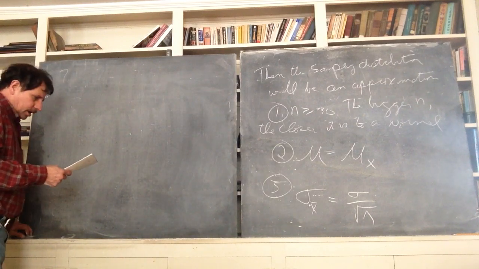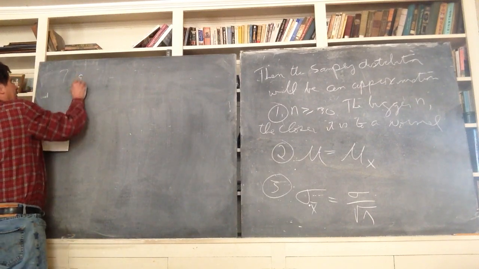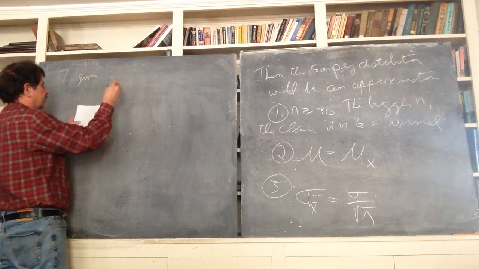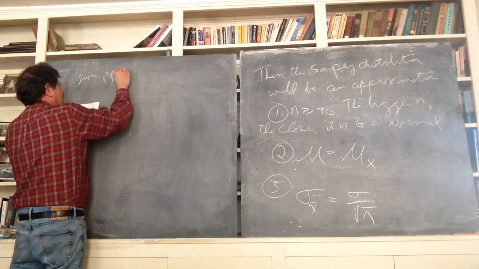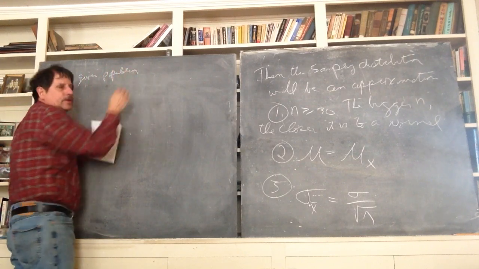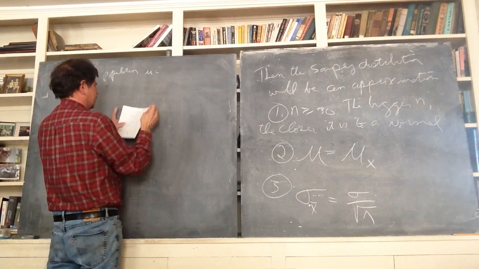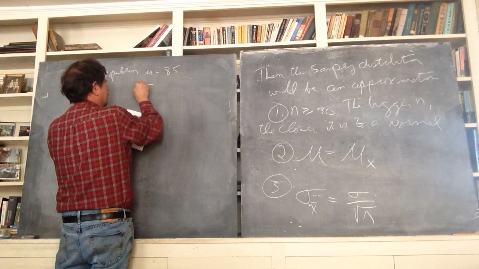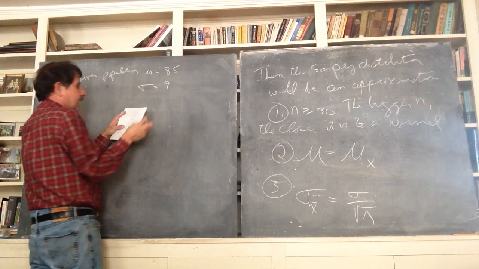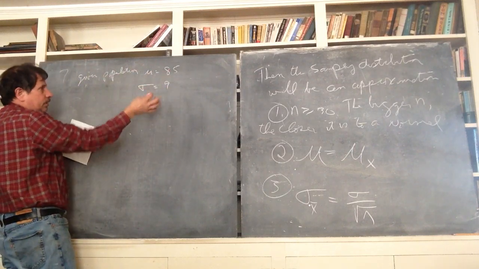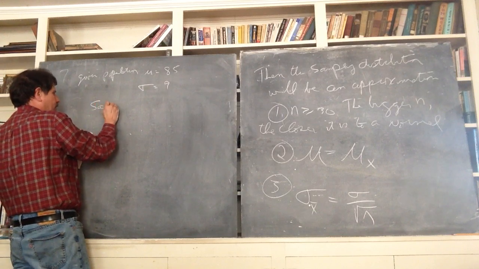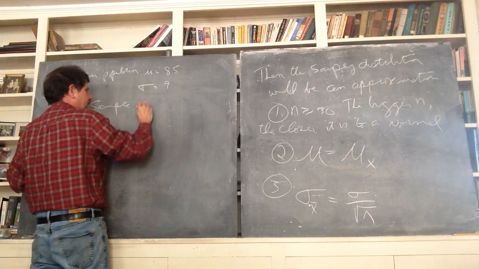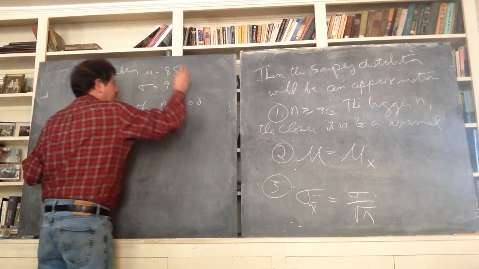Suppose you're given a population. We know this population mean. This is established, historical. The mean is 85 and the standard deviation is 9, and then we take a sample of 100 of these.